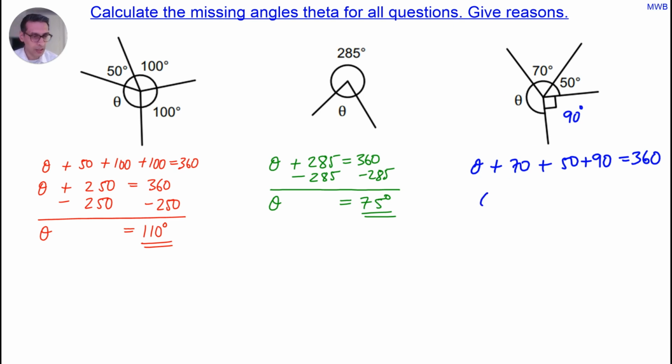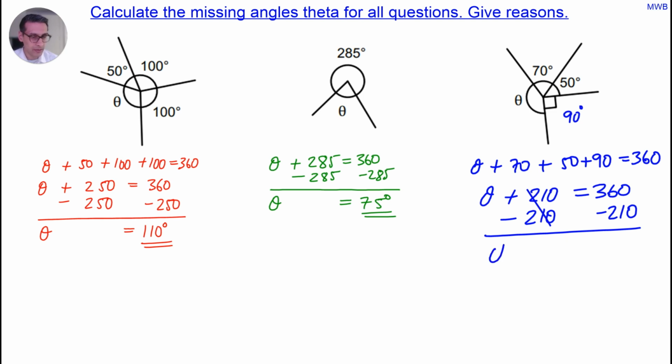So that's going to give theta plus 210 equals 360. And then we're going to take away 210 from both sides. So that's a zero pair, so theta is equal to 360 take away 210, which is 150 degrees.